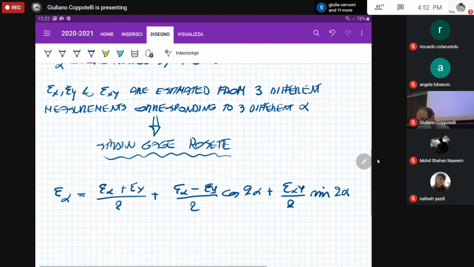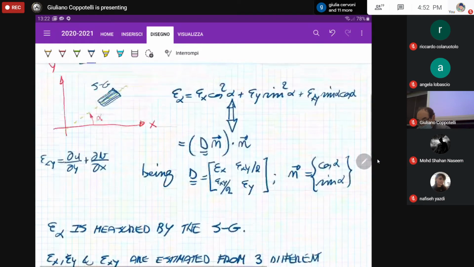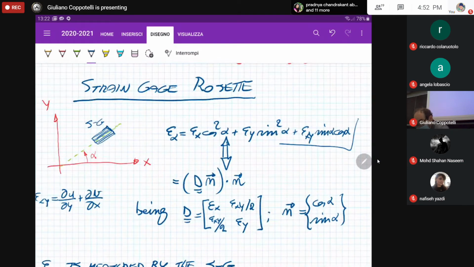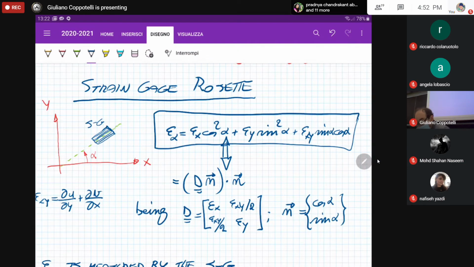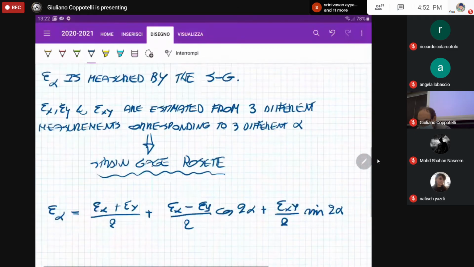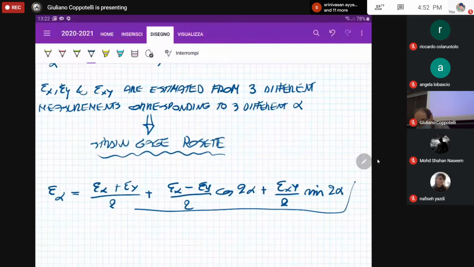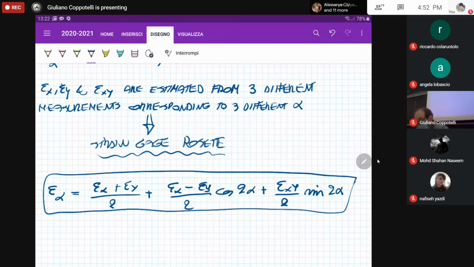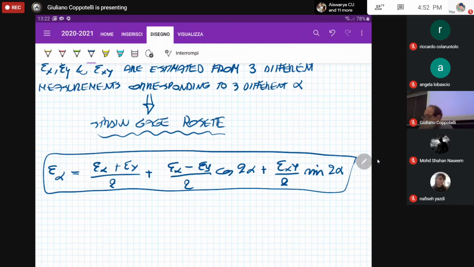So this is a different but perfectly equivalent way of relating two different reference frames, alpha and xy, like this. Now, the question that I would like to ask you is: is there a specific direction in which the strain in the direction alpha is maximum?